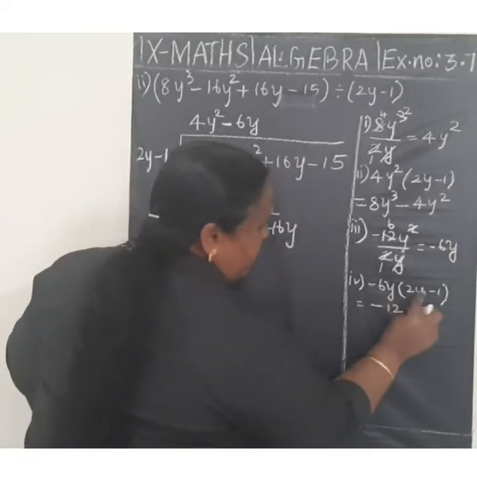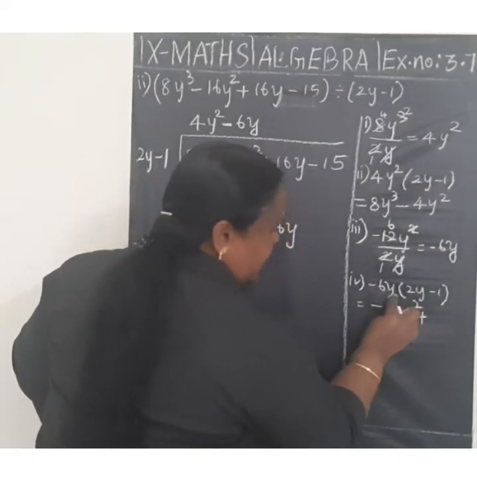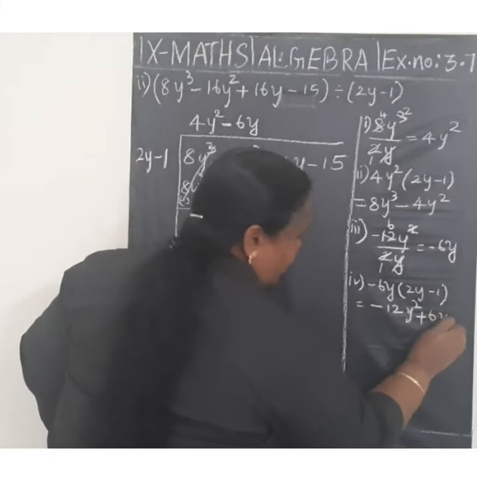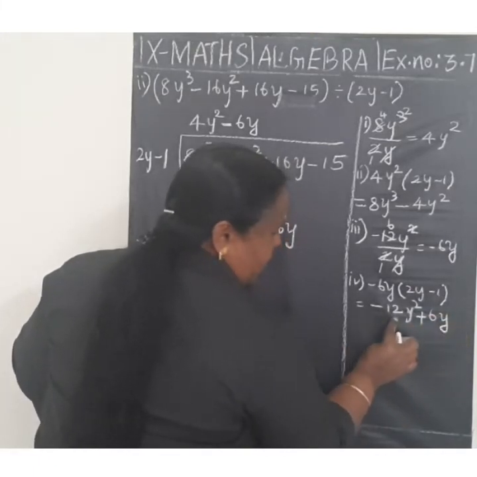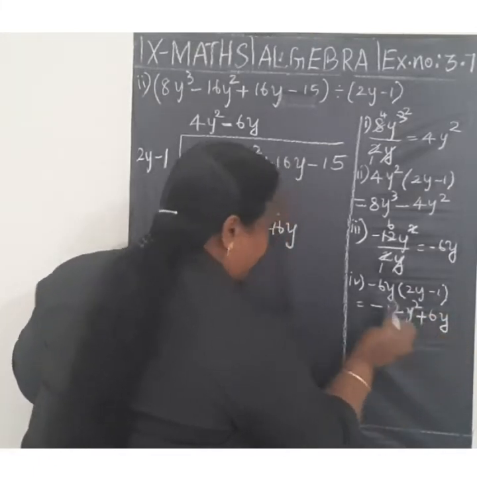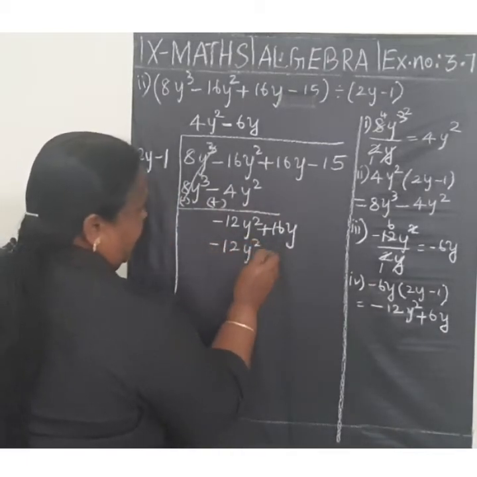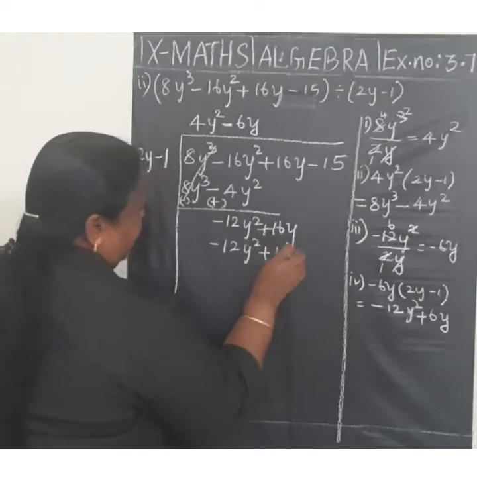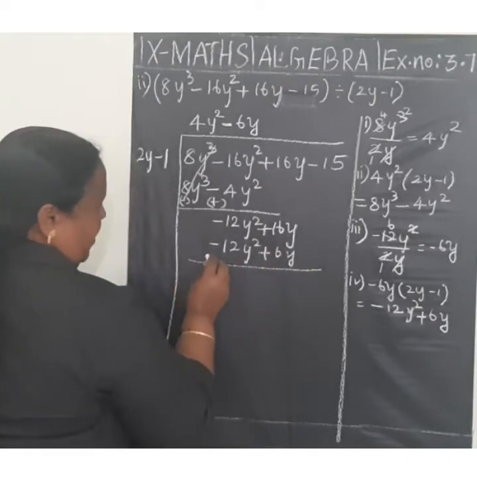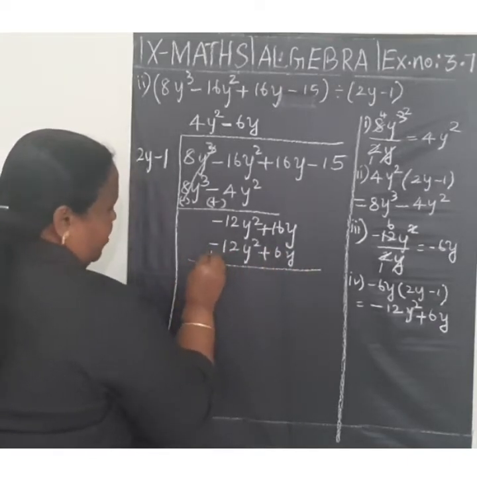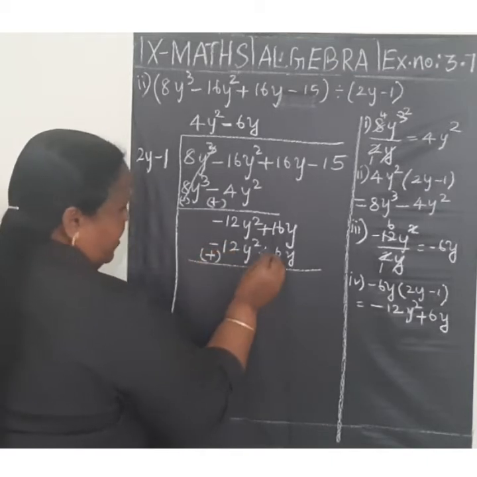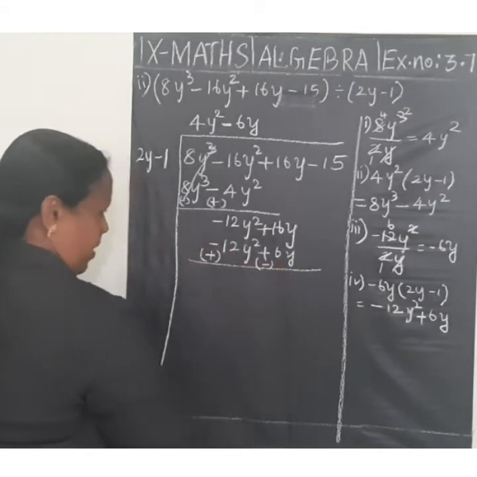Next, minus into minus is plus, 6y into 1, 6y. So what we got is minus 12y square plus 6y. That we write here. To subtract this, we have to change the sign: minus becomes plus, and plus becomes minus.